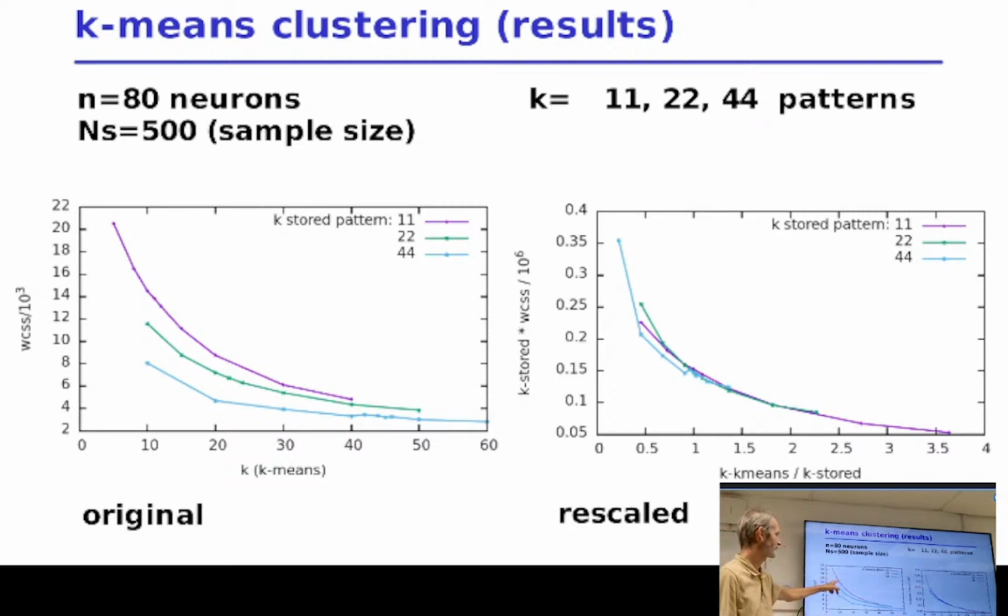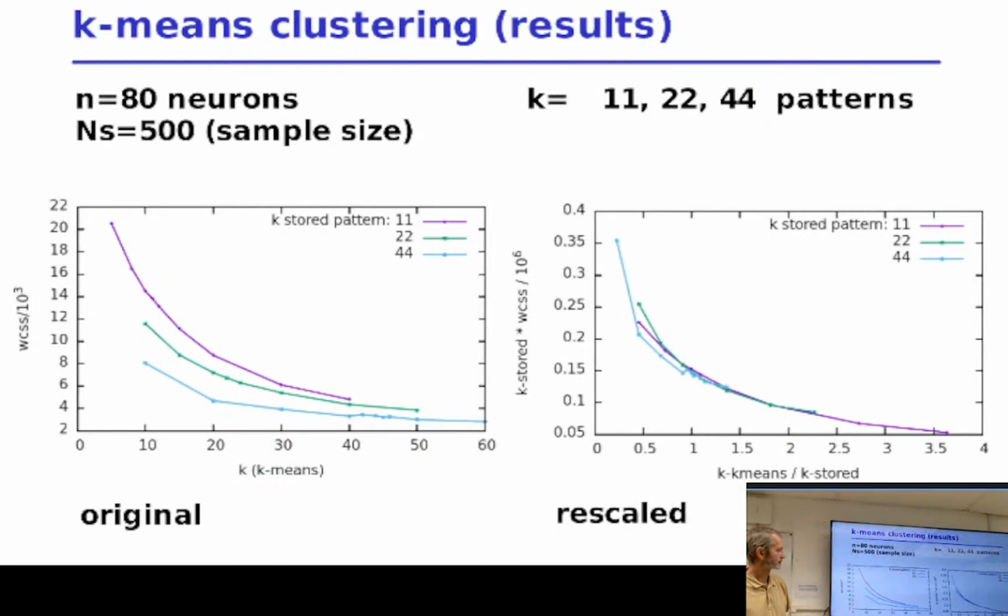And here you see that there is no sharp transition really, but what you can do is, because here we have different numbers of patterns stored, and for each of these cases we look at how many clusters we would need for the classification. But you can rescale this plot in such a way that all the curves are on one line.